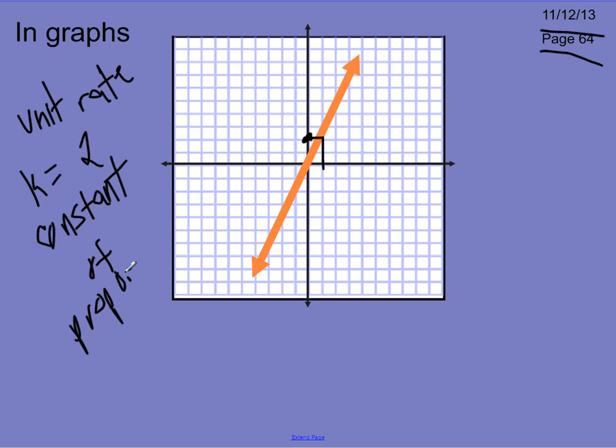So it's really simple. If you remember how to find the unit rate, then finding the constant of proportionality is exactly the same.